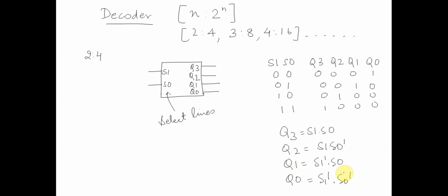We have already seen the expressions of Q0, Q1, Q2 and Q3. If we have to draw a circuit diagram for this, let's assume we have two lines, S1 and S0, as select lines, and a NOT of each line going in parallel. Now Q3 is nothing but S1 and S0.